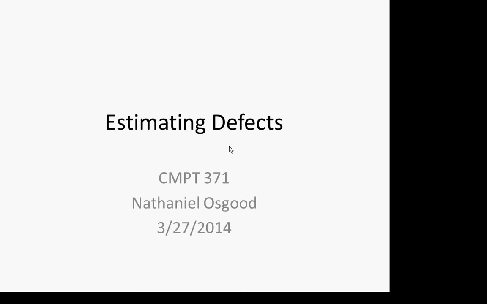But what I'm going to talk about today is even less directly tangible than those things. It's about how we estimate defects, and particularly how we estimate undiagnosed defects. After all, we found a certain number of defects, hopefully, when testing.